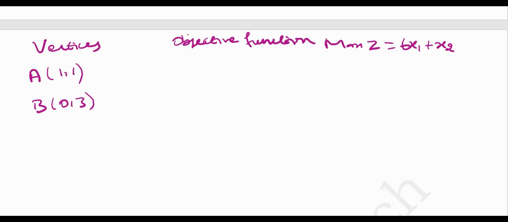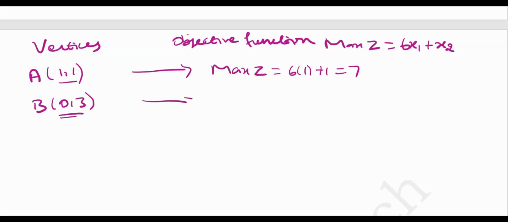Now we are substituting x1 is equal to 1 and x2 is equal to 1 in the objective function. Then we have z is equal to 6 into 1 plus 1, which is equal to 7. If we substitute x1 is equal to 0 and x2 equal to 3, then we have z is equal to 6 into 0 plus 3, which is equal to 3.